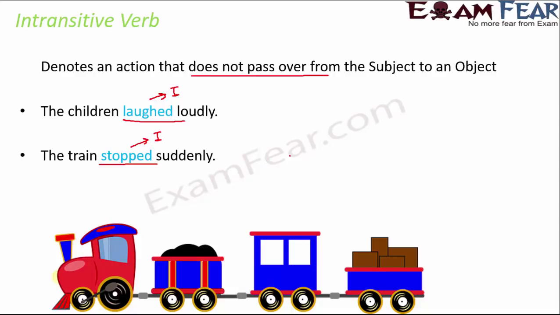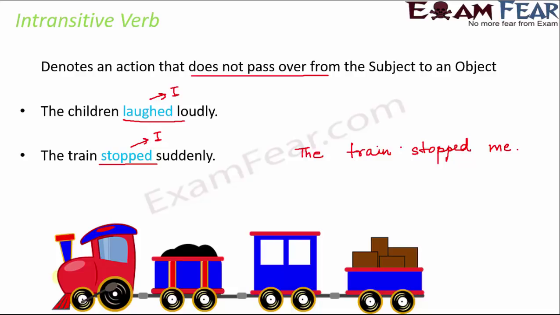Now let us say if we had a sentence like this, the train stopped me, or the train stopped by me, or the train stopped near me, something like that. Or let's say that we are trying to say that there was a train and the train made me stop, right?